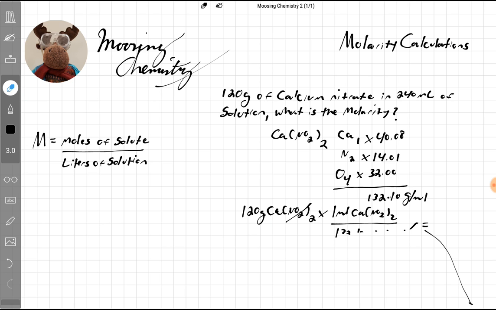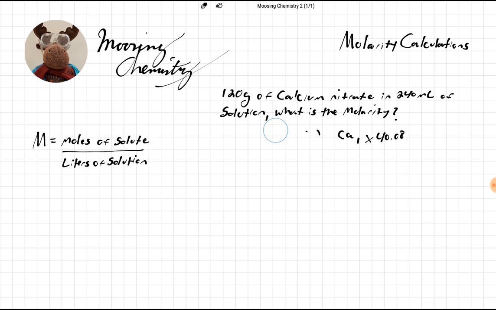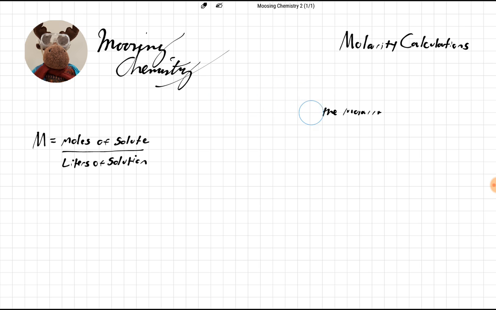Come on, eraser. There we go. Sometimes it works really well, and sometimes it's like, well, maybe not. Okay, we're almost there. Hang on, eraser, we need you just a little bit more. Ah, excellent.